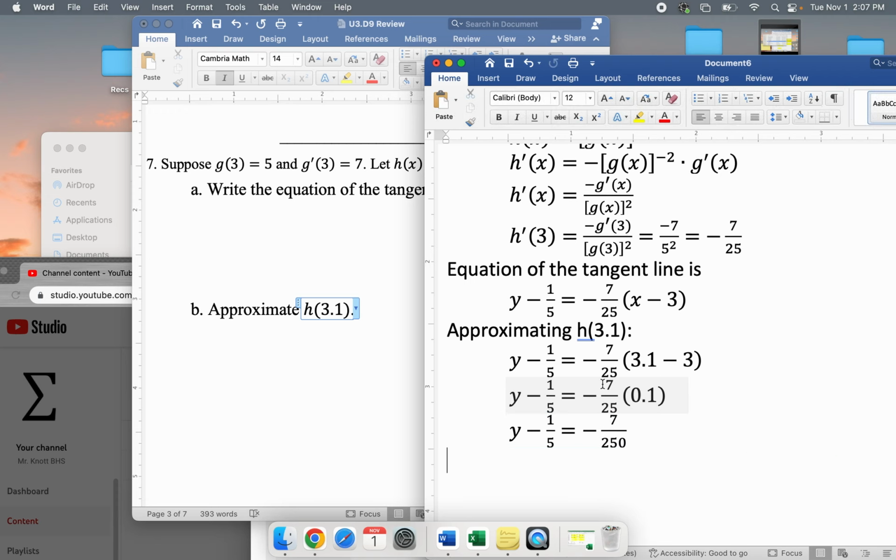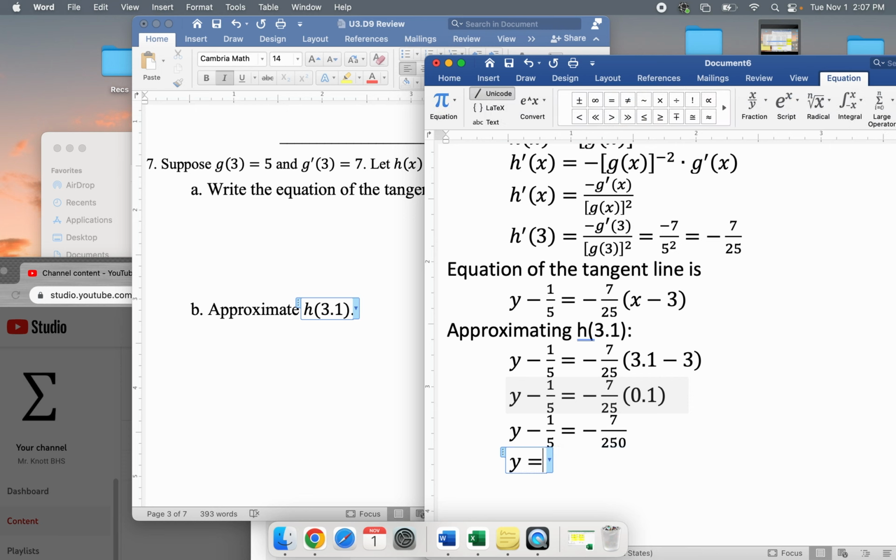And so therefore finally y is equal to negative 7 over 250 plus 1/5. Common denominators, that's like negative 7 over 250 plus, I think 1/5 is like 50 over 250. So that gives me 43 over 250.